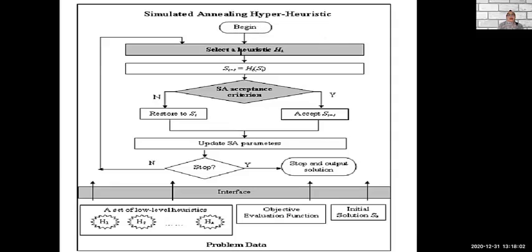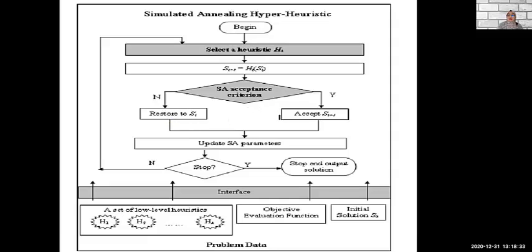We begin by selecting a heuristic. When we select the heuristic, we apply the selected heuristic to the solution. And then we test the SA acceptance criteria. If the returned solution is acceptable, then we accept it. If it is not acceptable, we reject the solution.